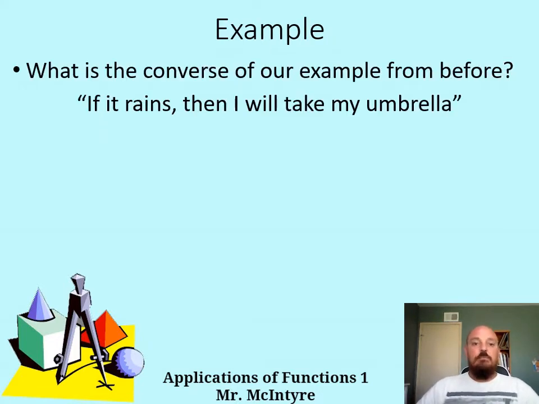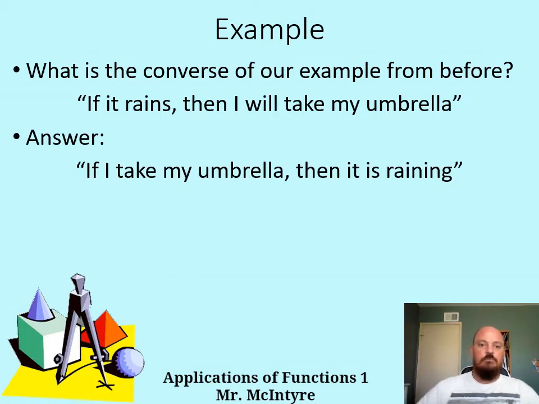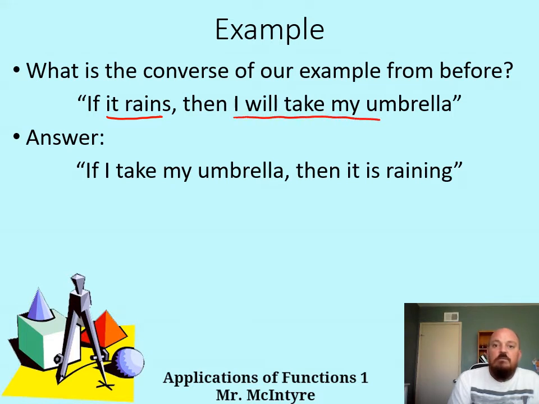So here's my statement from before. If it rains, then I will take my umbrella. And let's say we wanted to write the converse of it. So what I do is I basically take the if part, which is it's going to rain, and I take the then part, I'm going to take my umbrella, and I switch those two things.